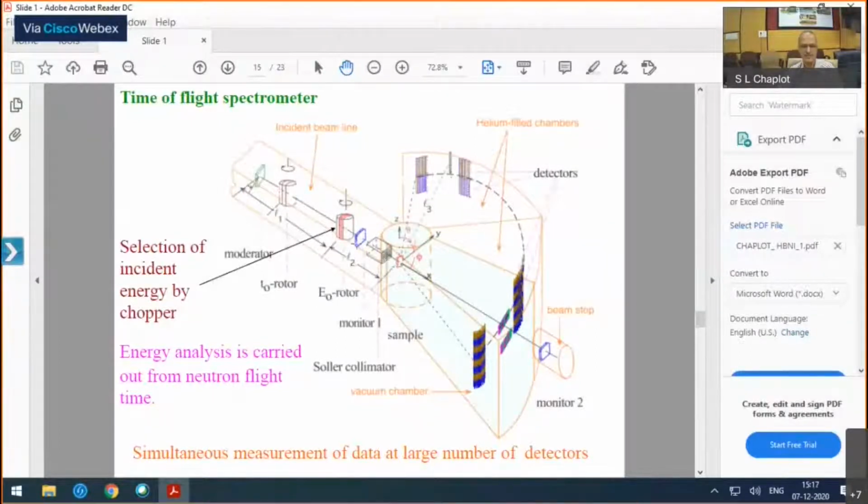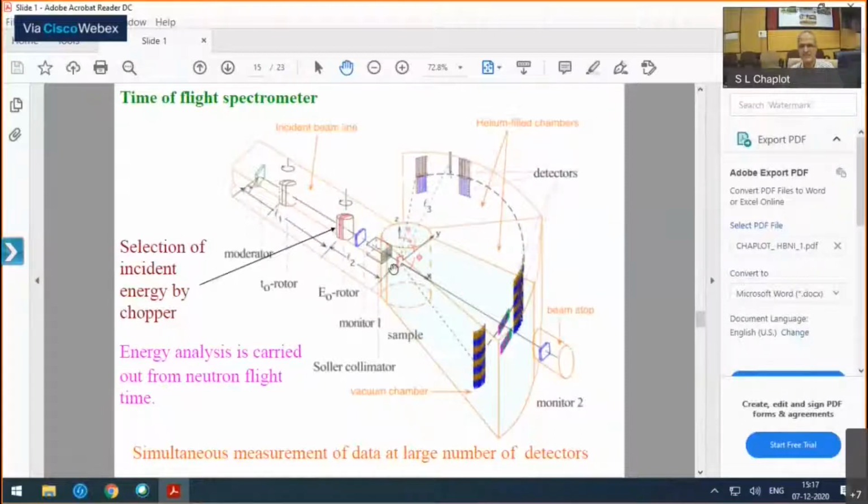So you could have again a monochromator crystal, or you use a set of rotors and choppers and whatnot to ensure that neutrons travel a definite distance in a given time. And if that is ensured, then the corresponding neutron velocity or neutron energy is defined. And given the direction, now you have all the variables.